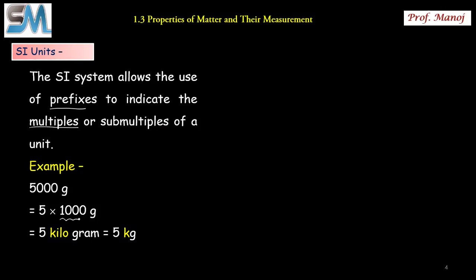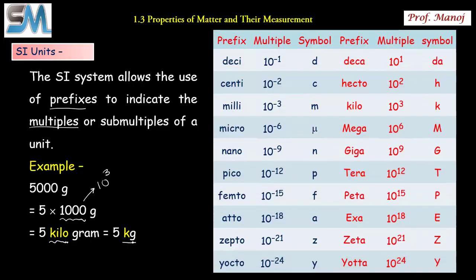Now, this 1,000, which you can also call 10 raised to 3, is given a term called kilo. So instead of writing 1,000 gram, we can write kilogram. You have been using the terms kilo, milli, without any understanding. Now we have to see the exact meaning of these prefixes.